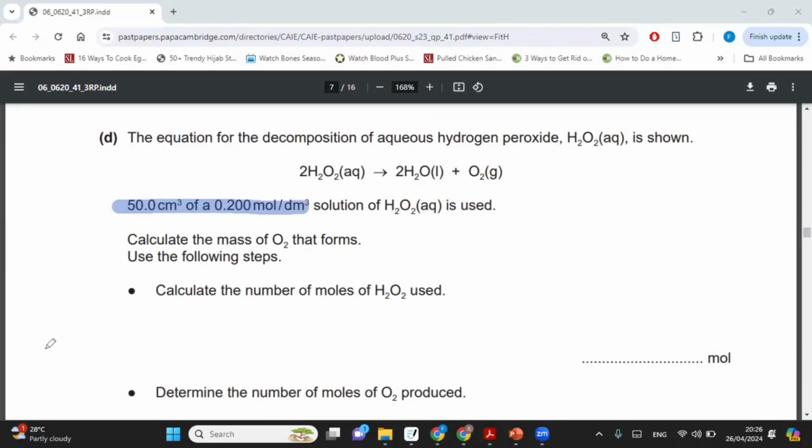So I want you guys to make a data sheet as you go along. The concentration is 0.2 mole per dm cube. The volume is 50 centimeter cube. And note the unit. I always want you guys to be keeping your eyes peeled for what the unit is. First is first, calculate the number of moles of hydrogen peroxide. Can somebody tell me what formula will I be applying over here?